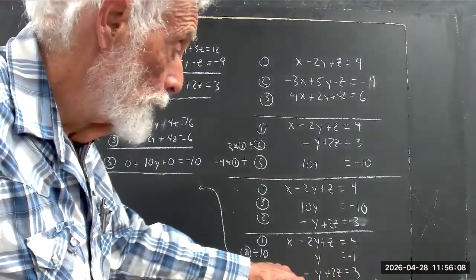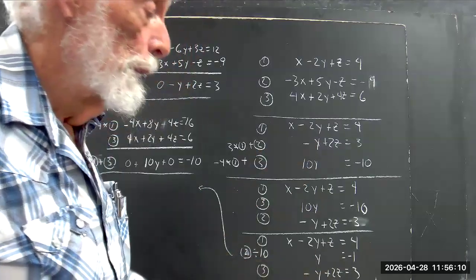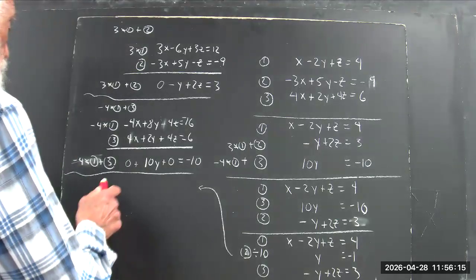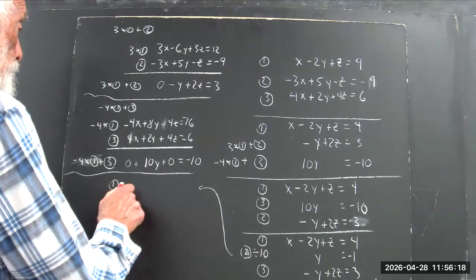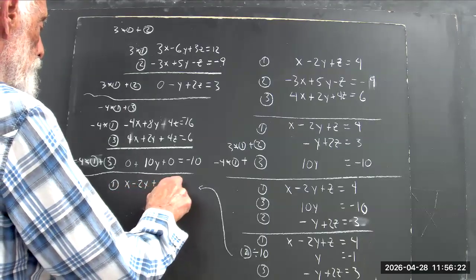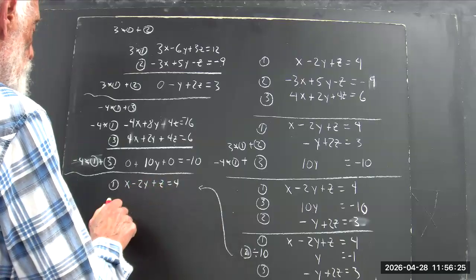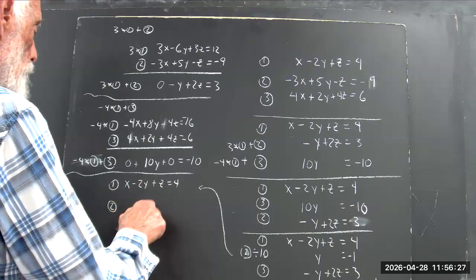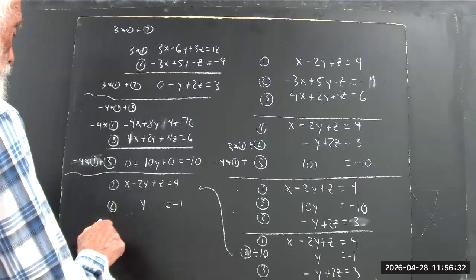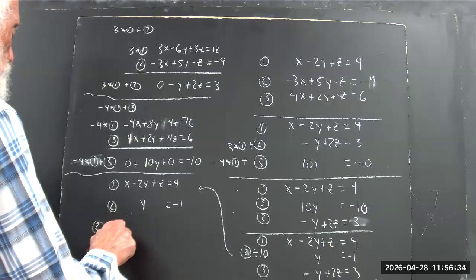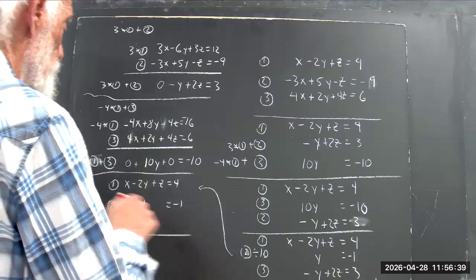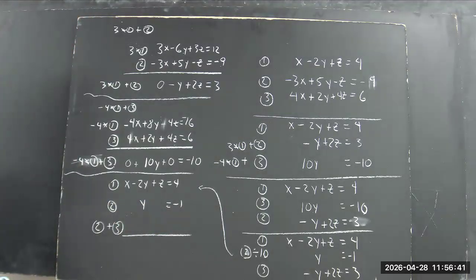If you add this equation to this equation, the y's go away. Okay? So what we're going to do is rewrite the system again. We're going to write the first equation, x minus 2y plus z equals 4. We're going to write the second equation, y equals negative 1, and equation 2 plus equation 3 is the third equation. So what do you get when you do that?